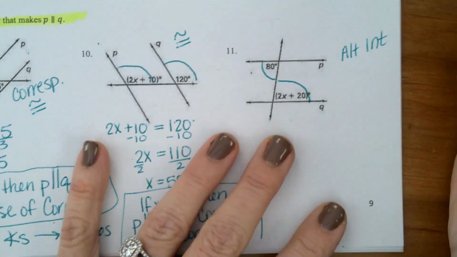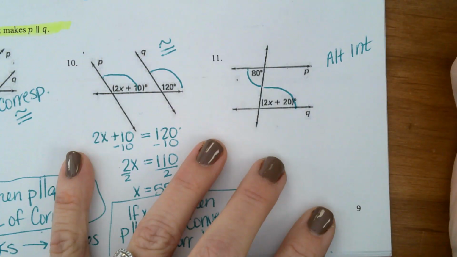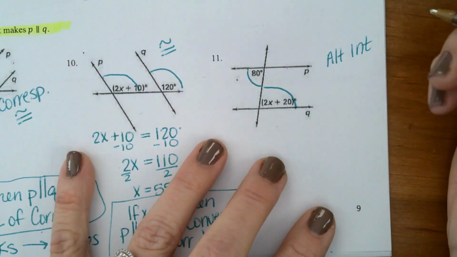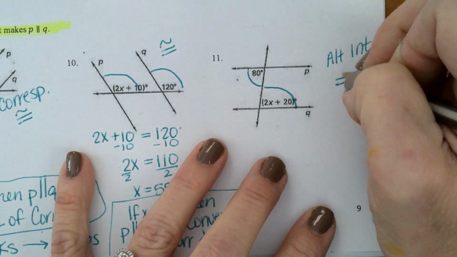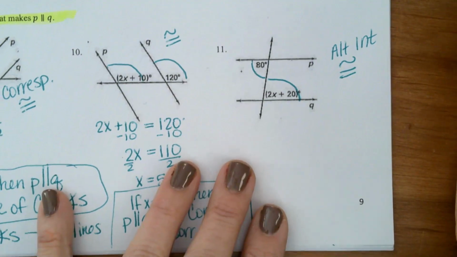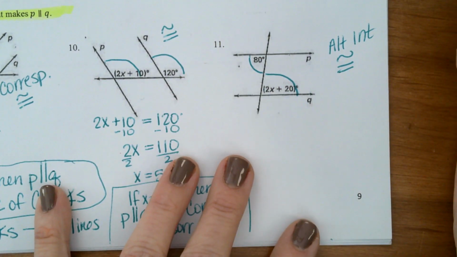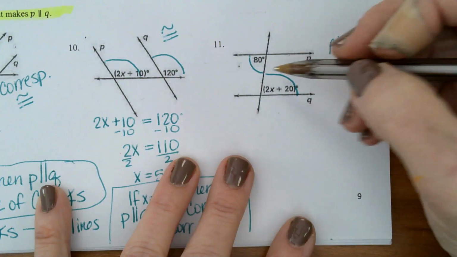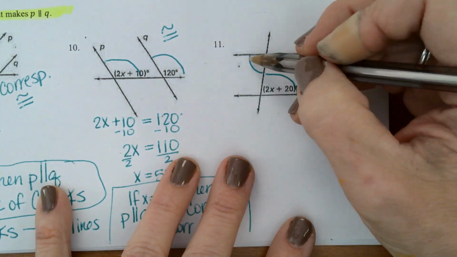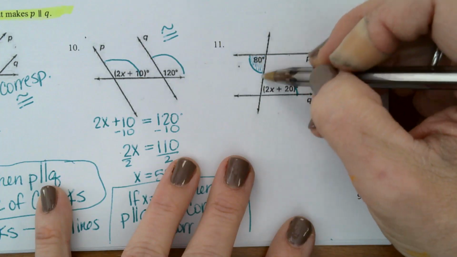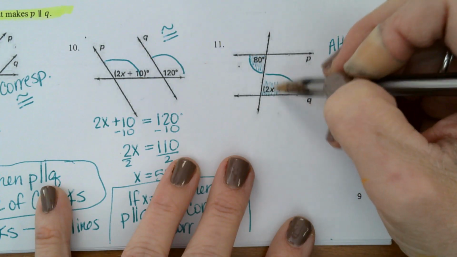Alternate interior angles are congruent. Okay, and if you're not sure, look at it. This is an acute angle, and this looks like it's acute as well.